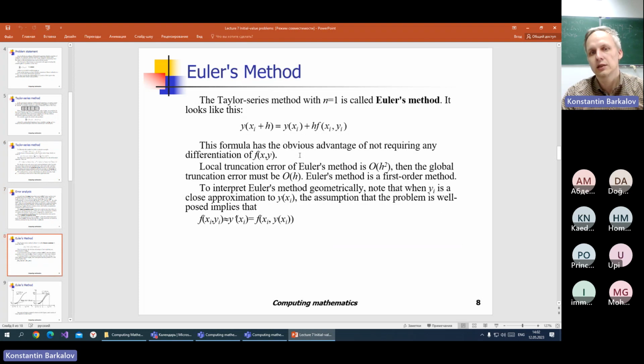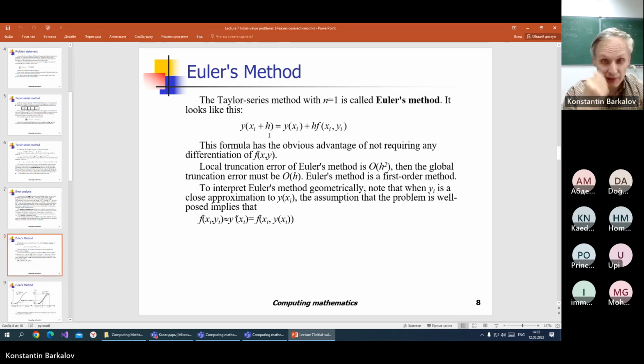In this case, the method is called Euler method. And the formula looks like this: y of x plus h equals y of x plus h times f of xi, yi.